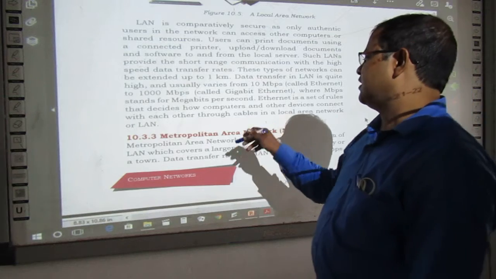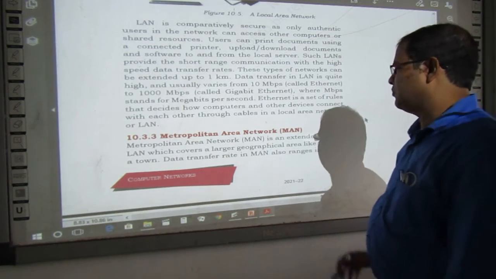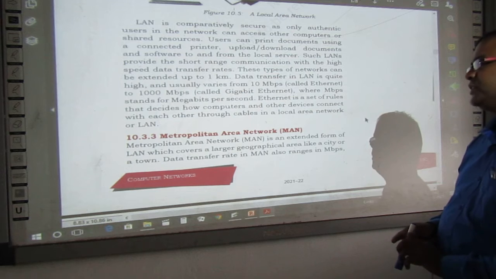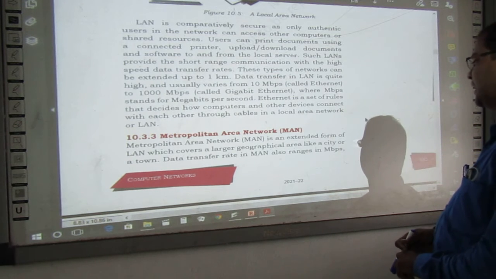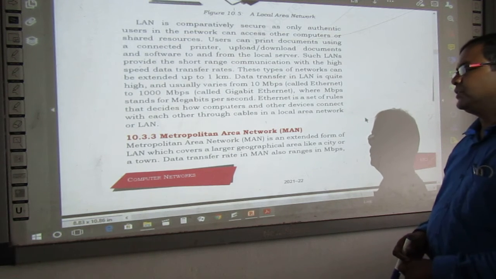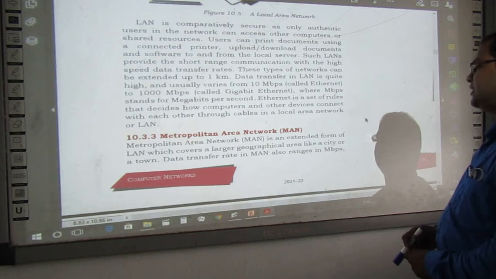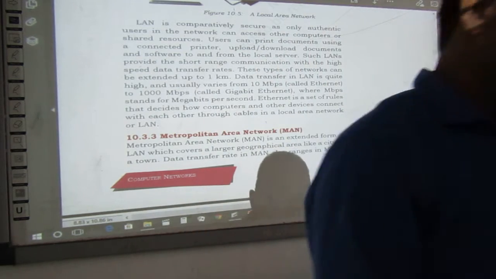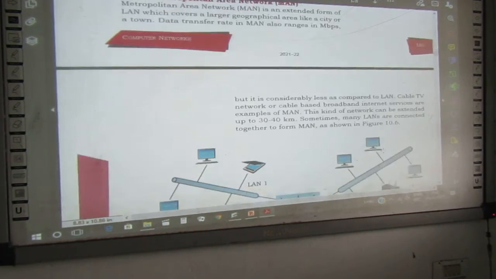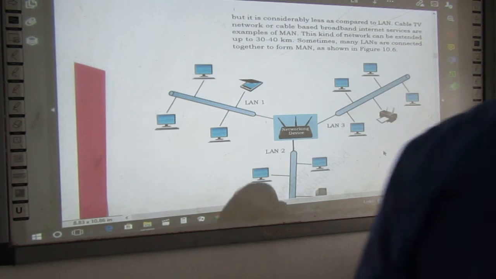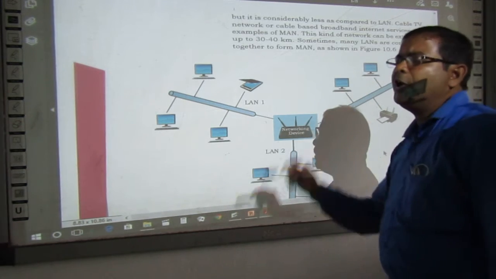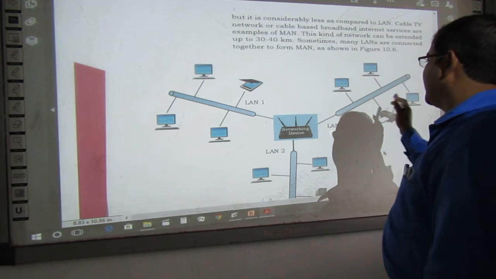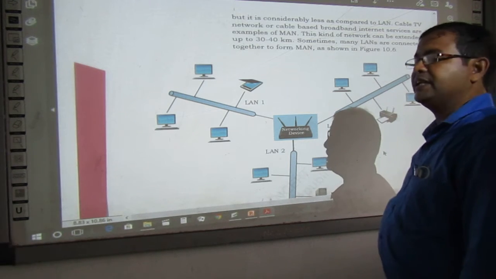Then come to the metropolitan area network, MAN. It is an extended form of LAN which covers a large geographical area like a city or a town. The data transfer rate in MAN also ranges in Mbps. How can one MAN be formed? As you can see in the picture, different LANs are connected to one networking device.